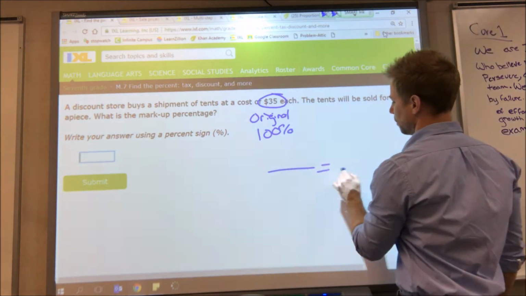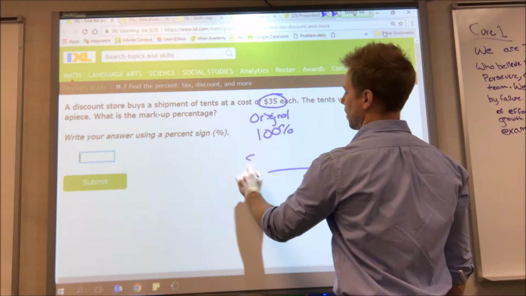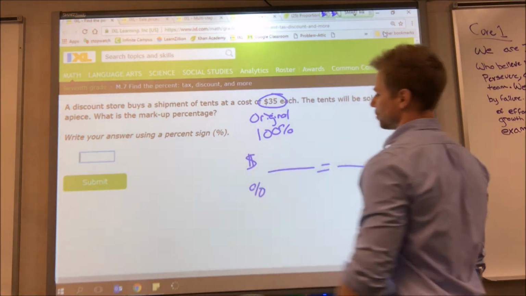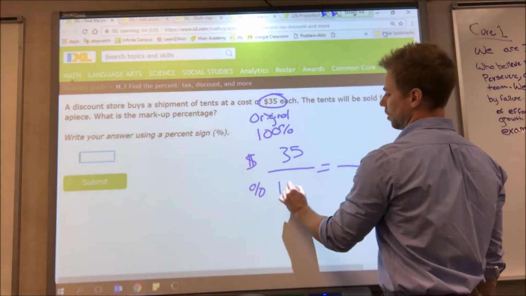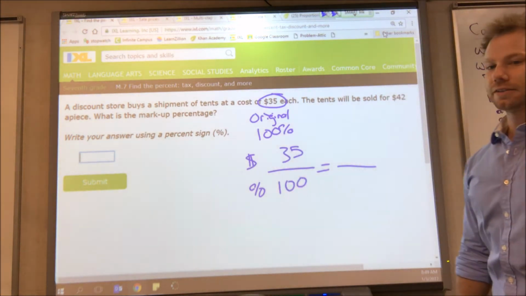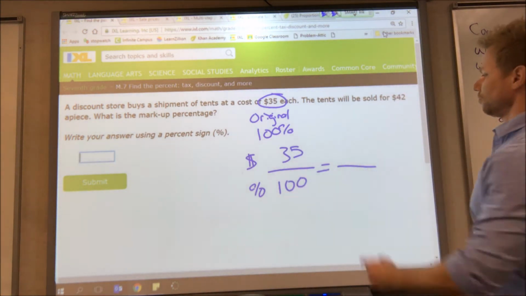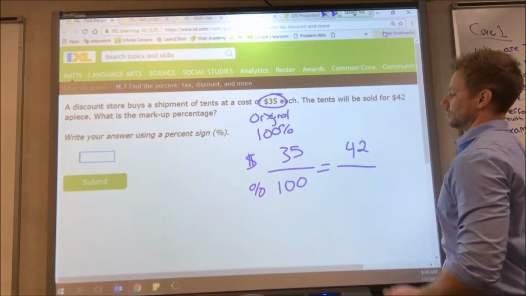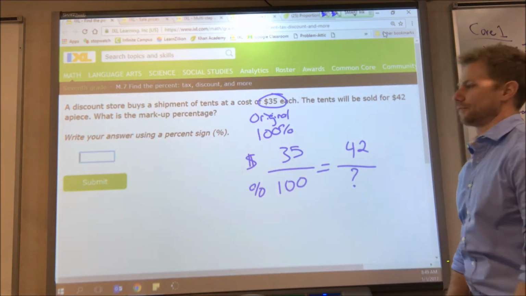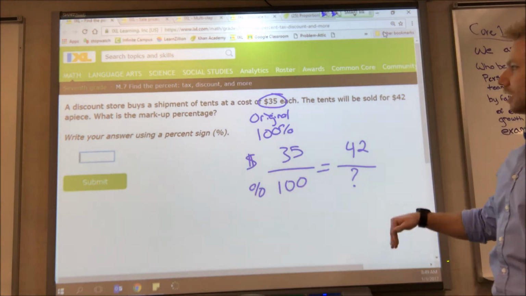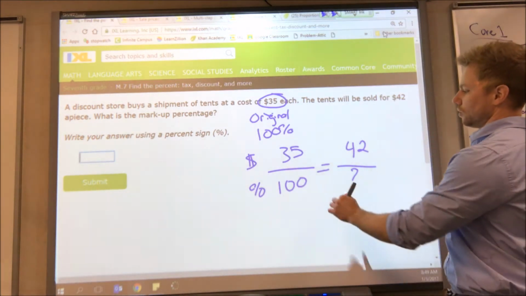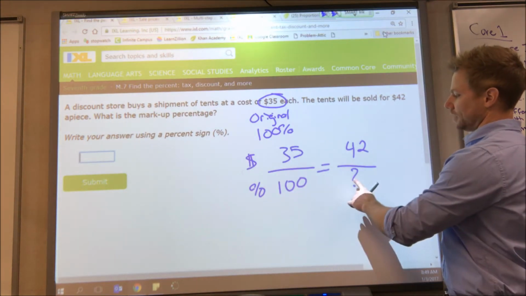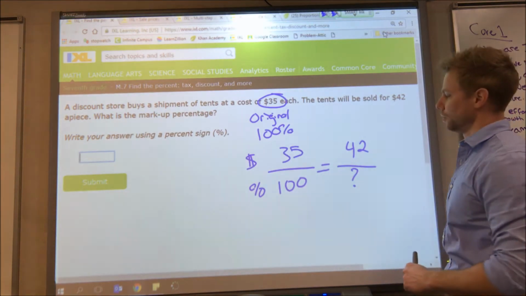So if I set up a proportion, again we have money and we have percent. $35 is the original cost. That's 100%. All right, it's going to be sold for $42. What percentage is that? Okay, so a markup adds on to, increases the price.